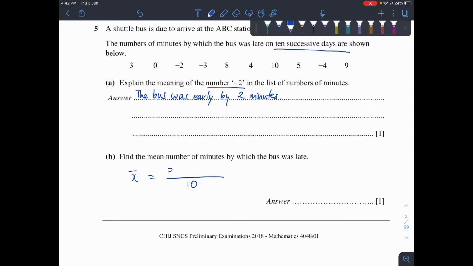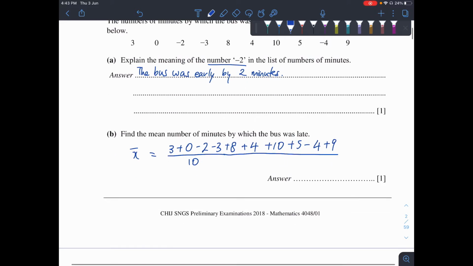All we need to do is add up all the different numbers that they have given us and divide it by 10. So you put this into your calculator and you will get 3 minutes. And that would be your answer.